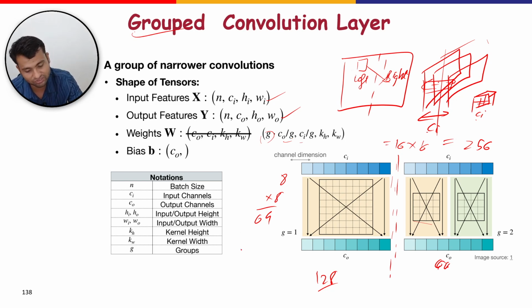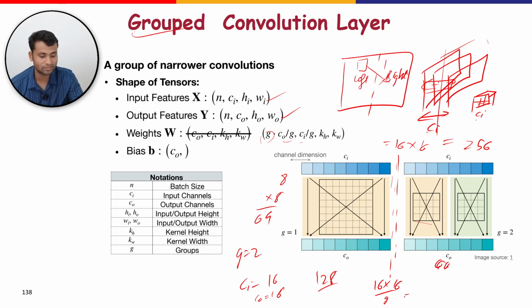So in this case, if g is equal to 2 and Ci was 16 and Co was 16, the total number of computations which has to happen is 16 cross 16 divided by g. So a factor of g would bring in the reduction, which is 128 as we calculated here.